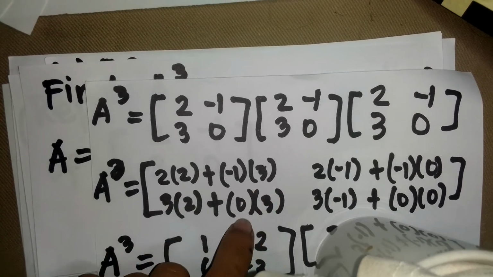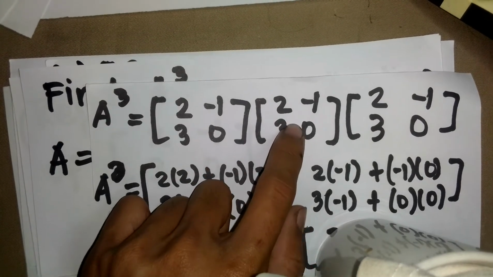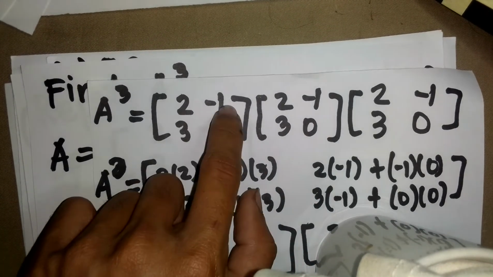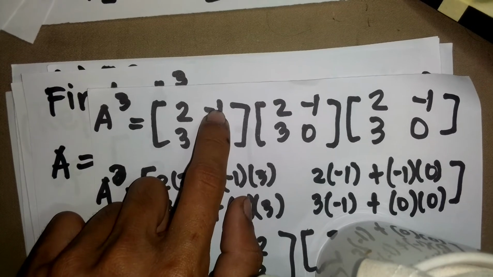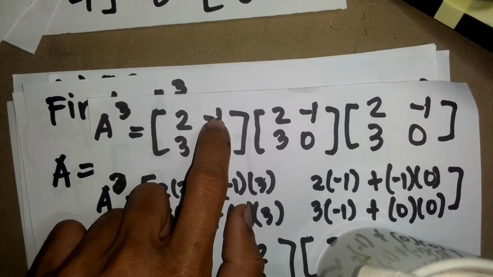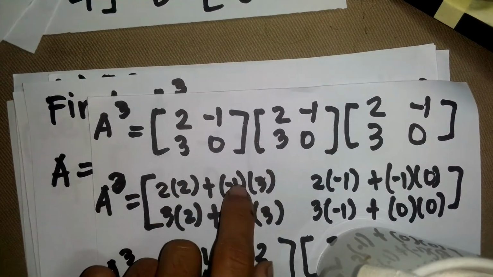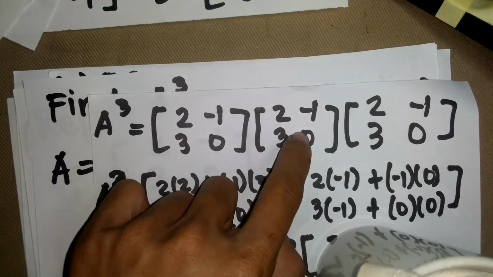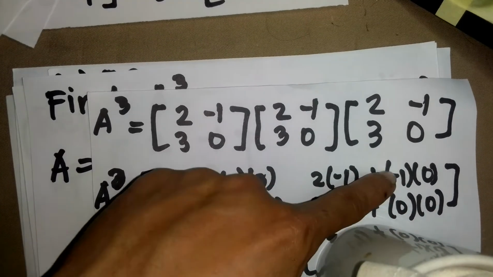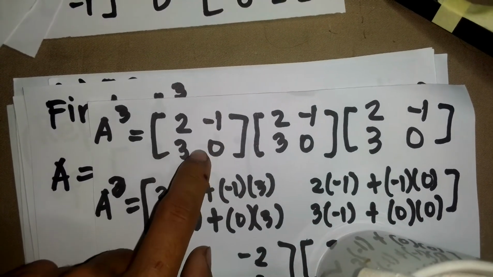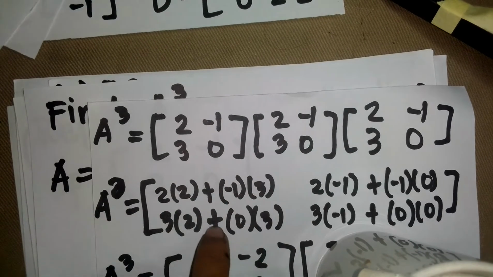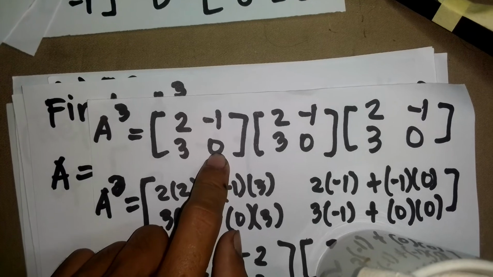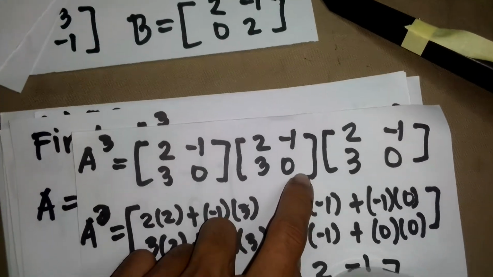First, we multiply the first two matrices. We multiply the first row to the first column, then first row to second column, second row to first column, and second row to second column.